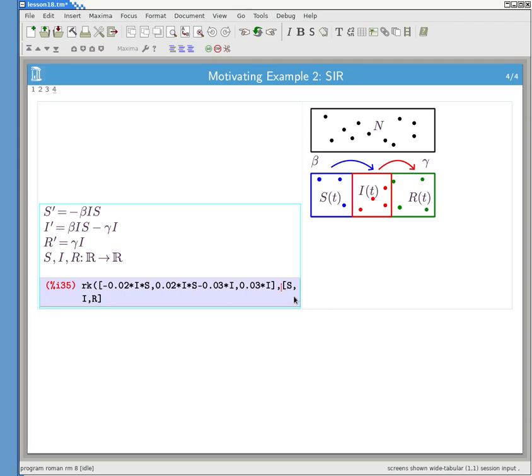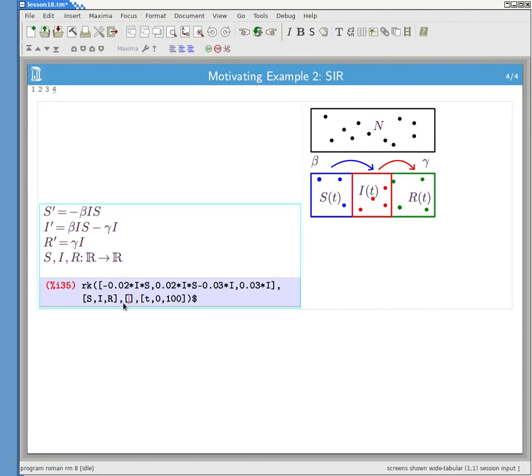Let's put this in a way that is readily legible. And we will do this for the starting time from, let's say, 0 out to, let's say, 100 days. We must also give the initial values at t equals 0.